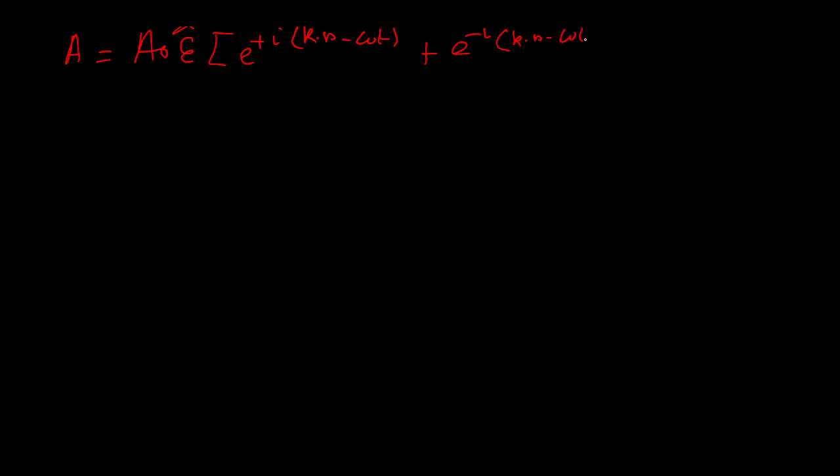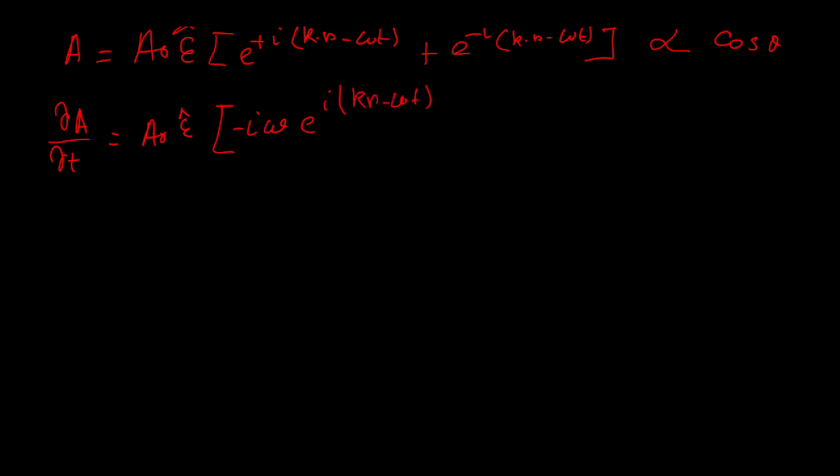Now if you expand it, you get e^(i theta) plus e^(minus i theta), which will give you some quantity of cos theta. Now if you take a time derivative of that, then what we will get is minus i omega, and this will give you plus i omega.